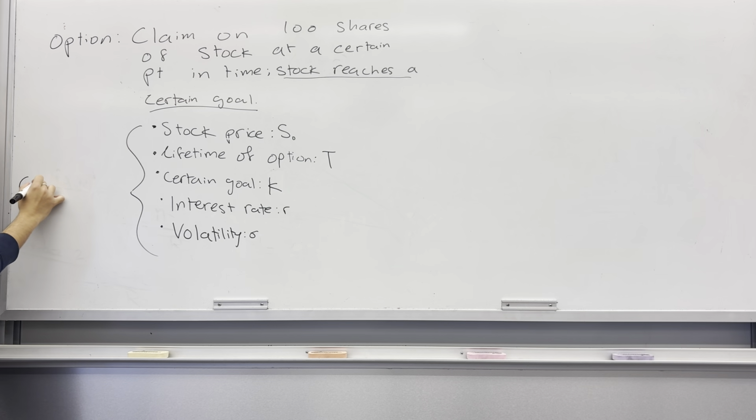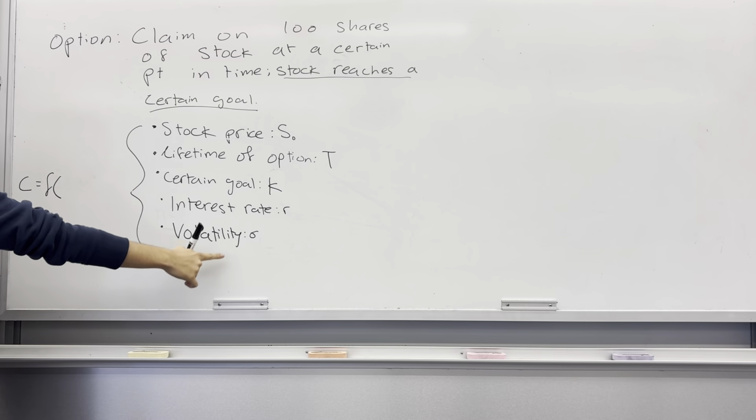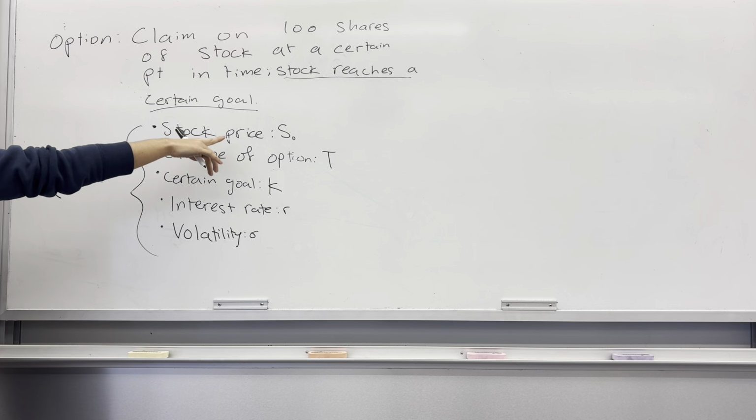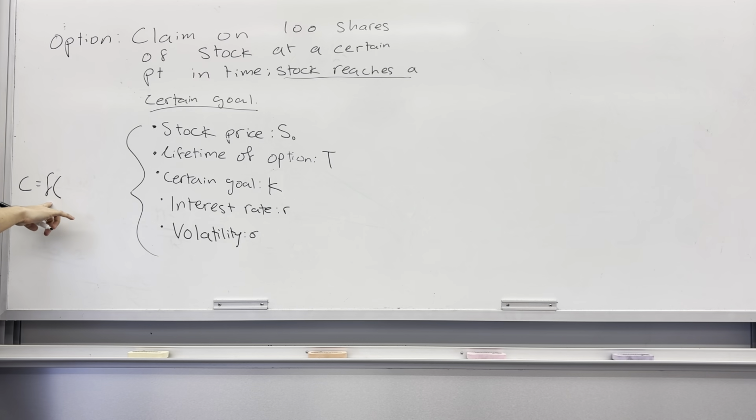So the call price is determined by some sort of function based on all these variables. It's just a function based on these variables. If you want to know, it's called the Black-Scholes equation. It's super complicated.